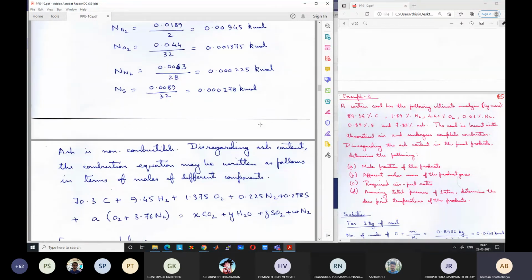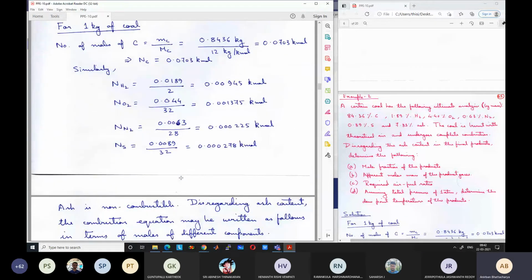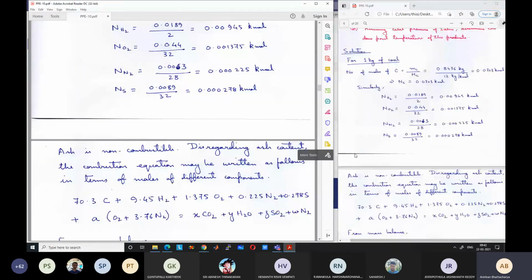Ash does not have any composition. We are disregarding the ash because it is non-combustible. So disregarding the ash content, the combustion equation can now be written in terms of these mole numbers. So I will just keep open what we have calculated here.